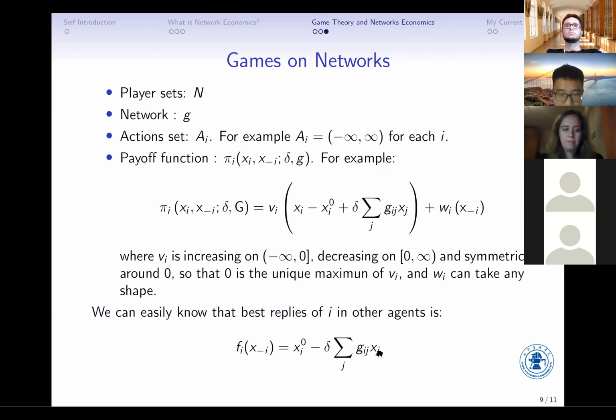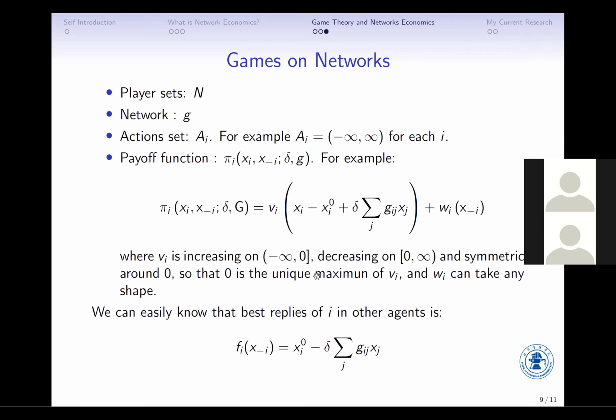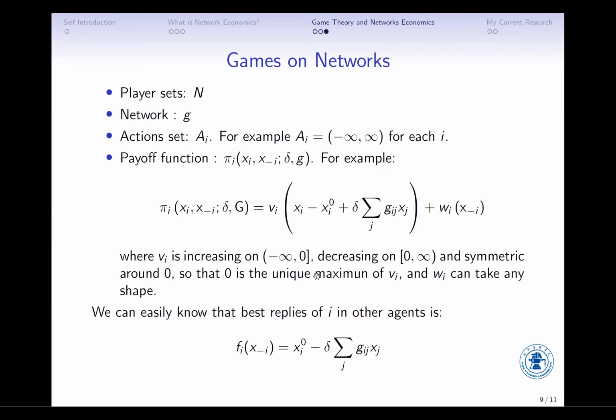If you add this to this, you can get the vi0. And after we get each player's best replies, we can get a system of equations. So we can solve this system of equations, and we can get the solution.